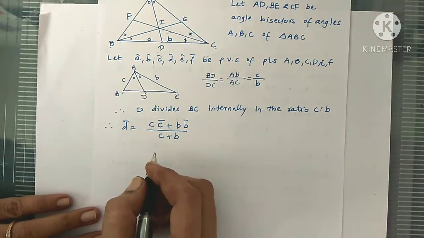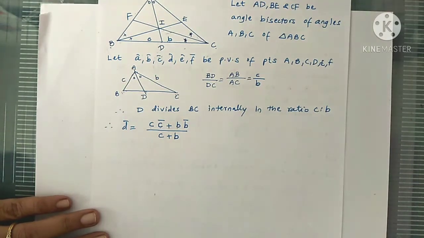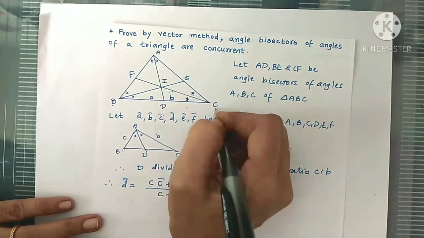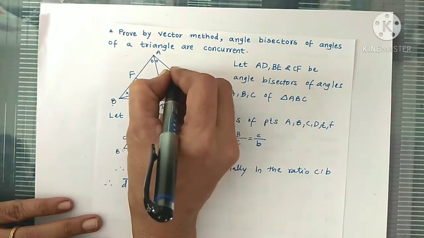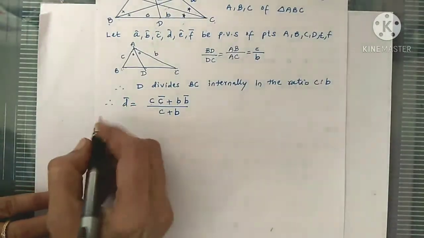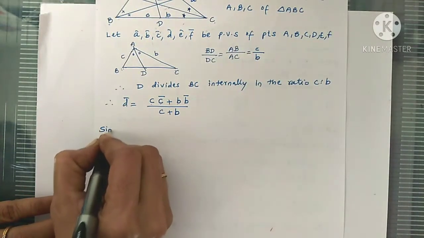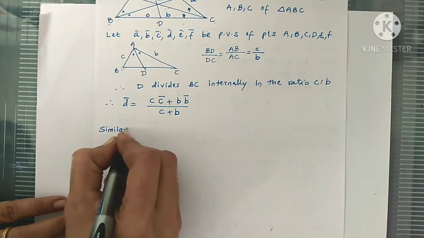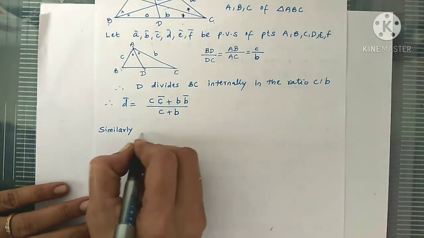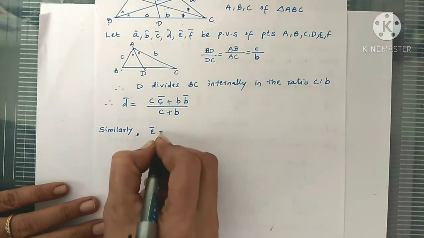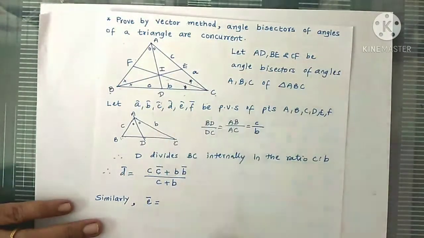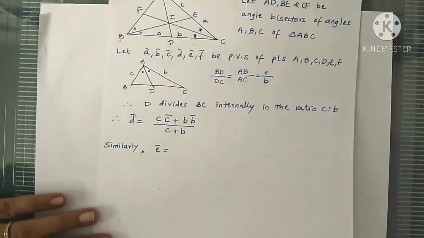Now let's find out E bar and F bar. Point E lies on AC and it divides AC internally in the ratio c to a. So similarly, now no need to write the section formula or anything. We can write similarly. E bar lies on AC, so E bar is in terms of A bar and C bar.